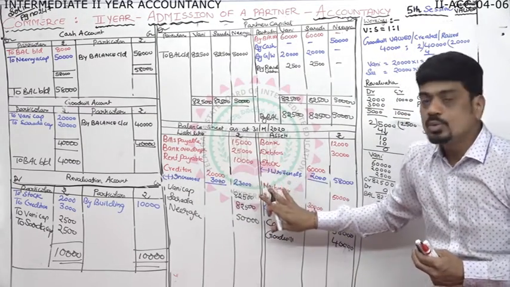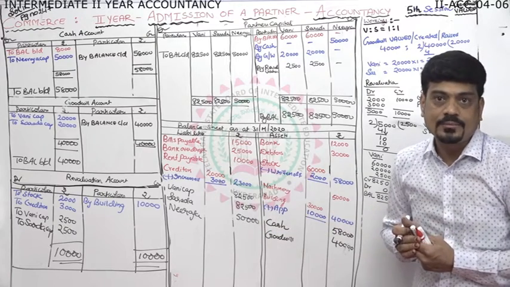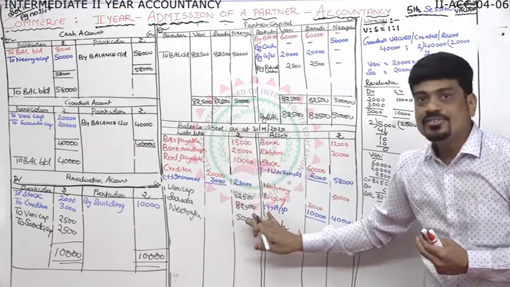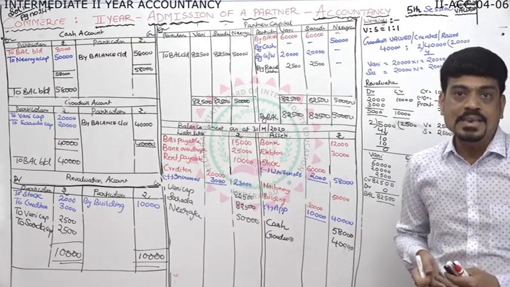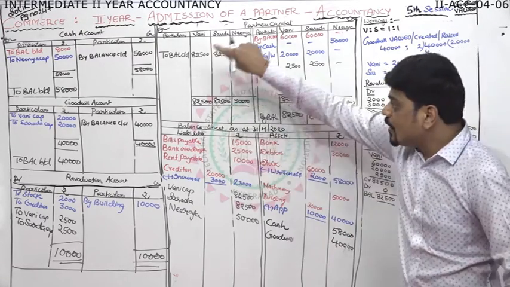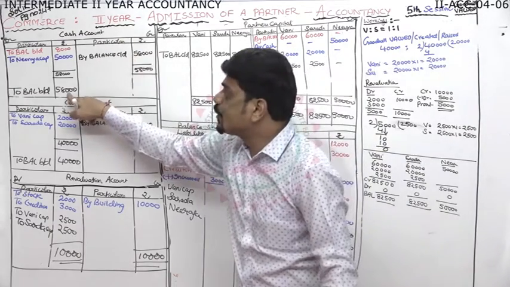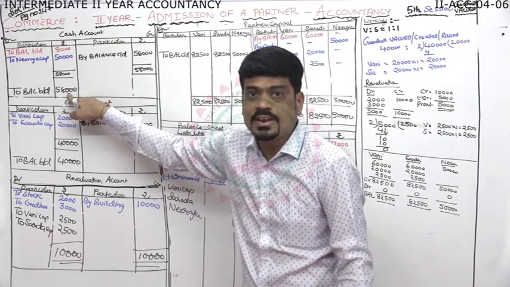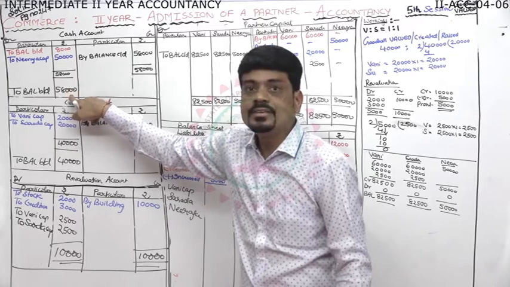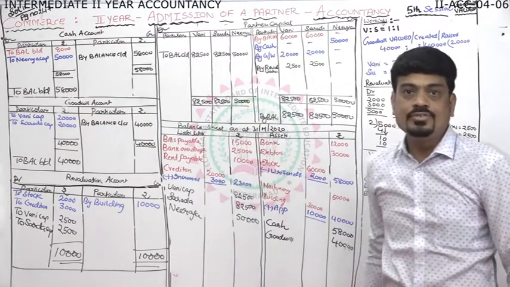Now, we have to do the last part, which is the blood of the problem we can tell. If the balance sheet tallies, you will be the happiest person and you will get 20 out of 20. If you solve this way, dear, when you see two balance brought down, generally no student will write. But when you write, the examiner will have a good impression on you that you have the subject knowledge.